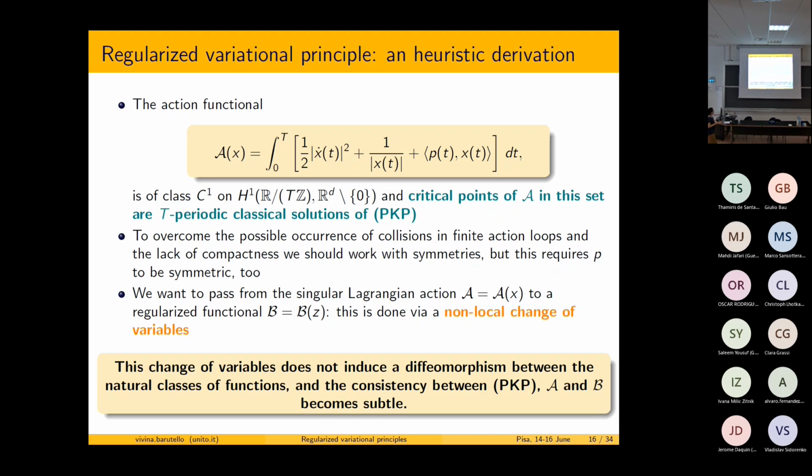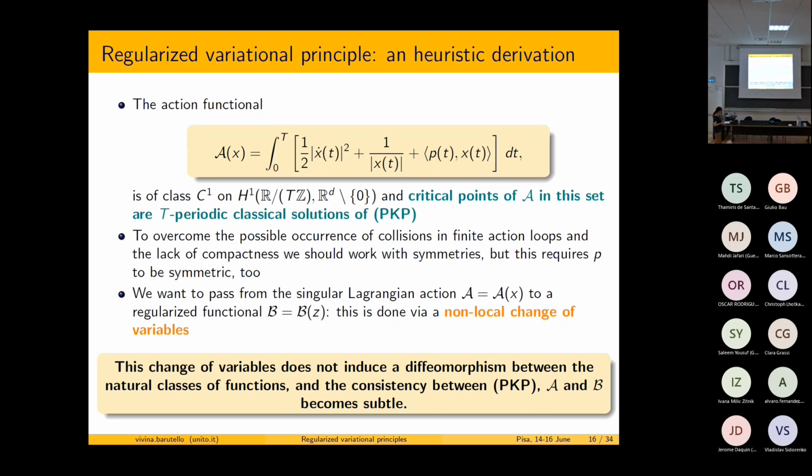But to put some symmetries on the loop space means to require symmetry on the forcing term P, and this is exactly what we don't want to do, because we were looking for a result for any P. So we tried to pass to a regularized functional. And so we made a variable change, which in 2 dimensions is the variable change proposed by Vivina, to obtain a new functional.